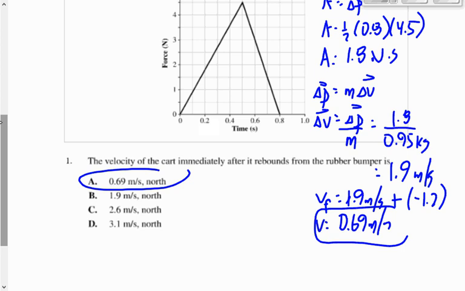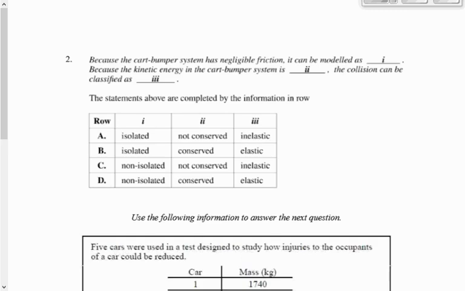Well, if we strike it at 1.2 and it bounces off at 1.9, you've gained kinetic energy, because one object has gained kinetic energy, and that can't happen. So you must have made a mistake. 0.69 to the north.